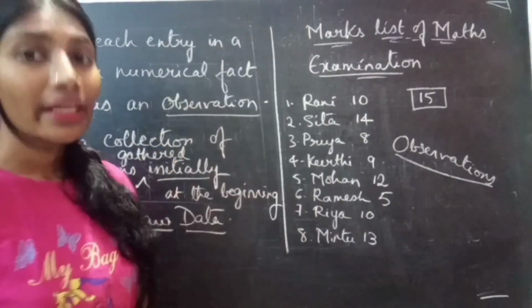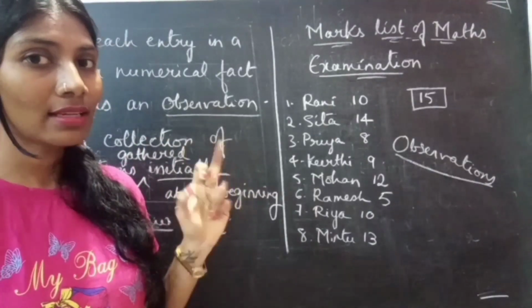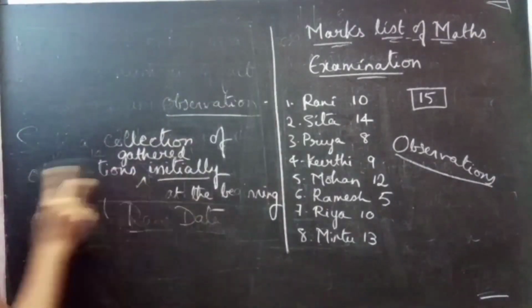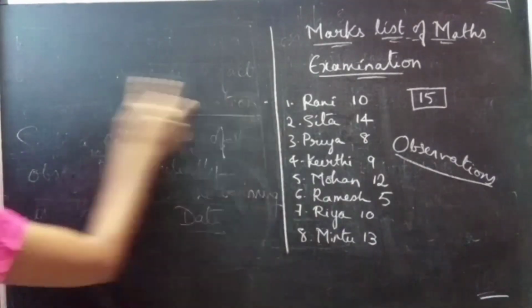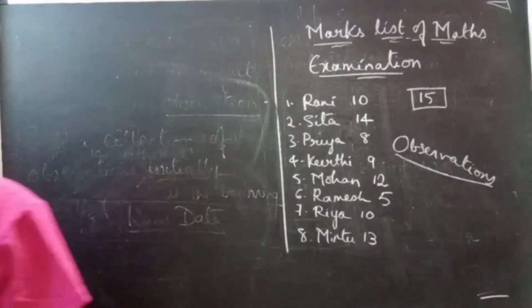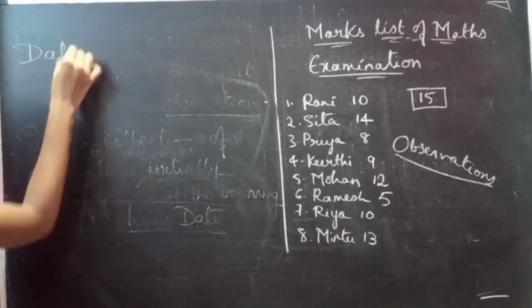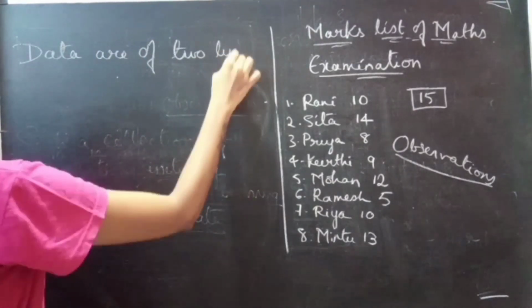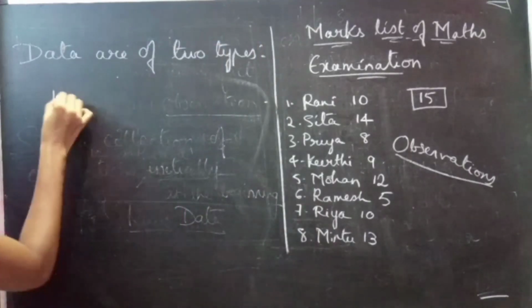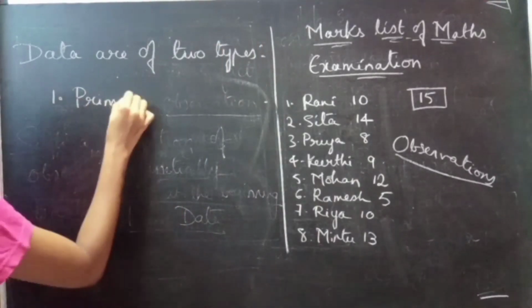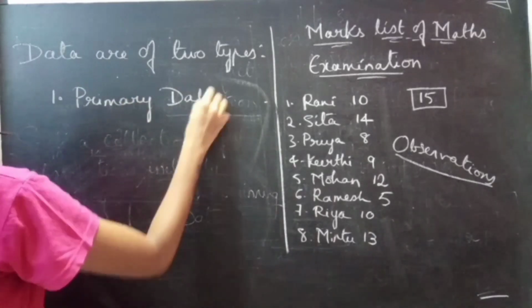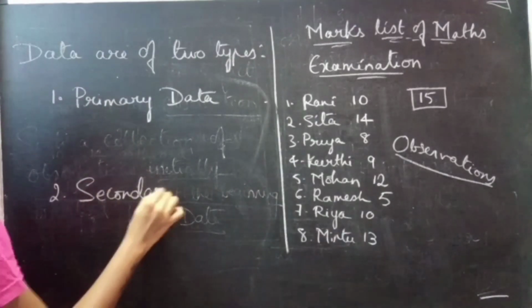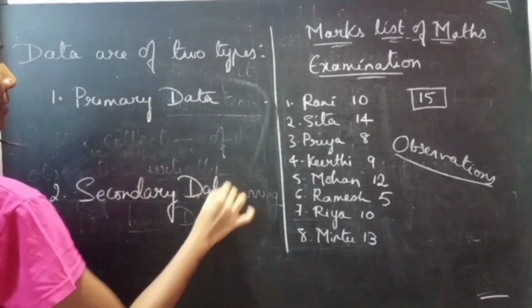Data are of two types, primary and secondary. First one, primary data, and second one, secondary data.